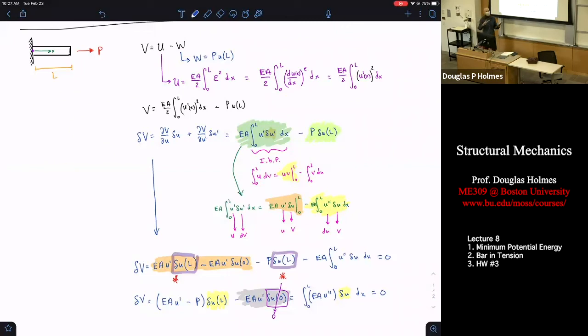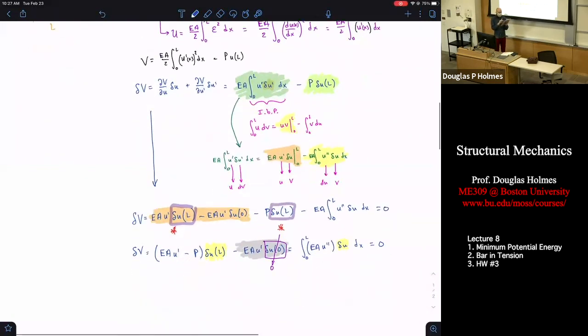Now there's two things that you can recognize here. One, this is a differential equation. So let me pull that out first. This is kind of like A times B equals 0. If B can't be 0, A has to be 0. So therefore, EA times u double prime of x equals 0.